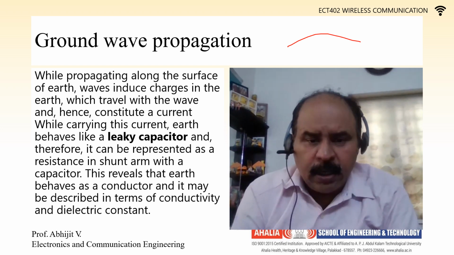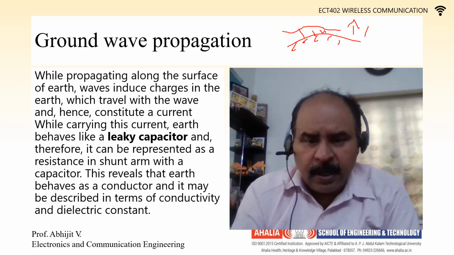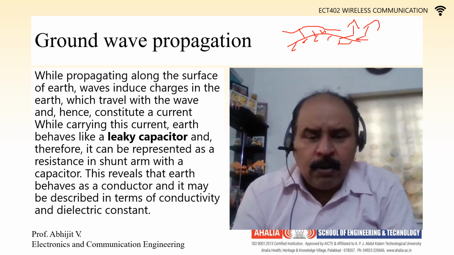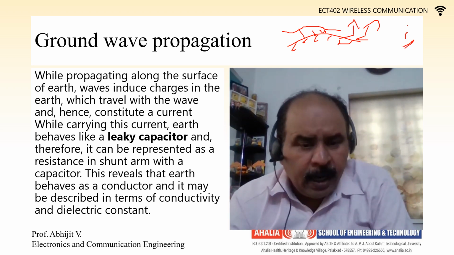You can imagine that this is the earth and these waves are traveling across it. It induces certain electric as well as magnetic fields, and this naturally generates a small current I.